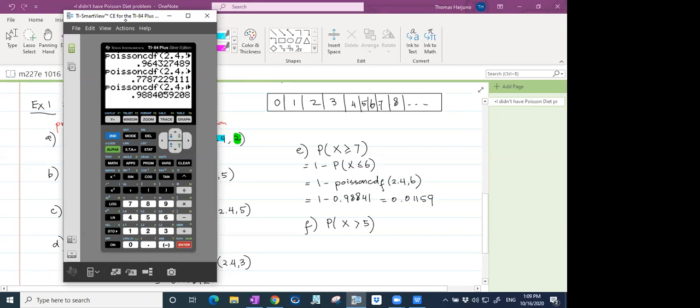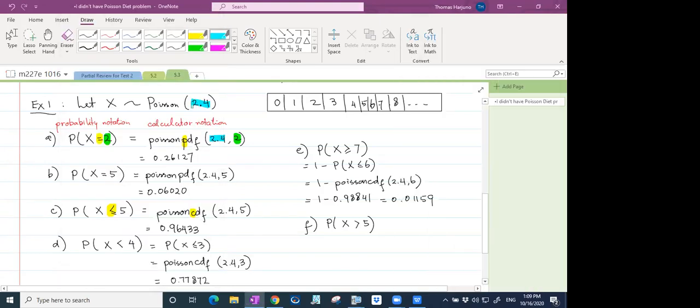So if you have a Poisson distribution, let's say the average customers coming into a store in the next 10 minutes is 2.4, what is the probability that in the next 10 minutes, all of a sudden you have at least 7 customers? Then the probability is very small, like around 1%. So what if that really happened? If that event really happens, very likely it is just coincidence.